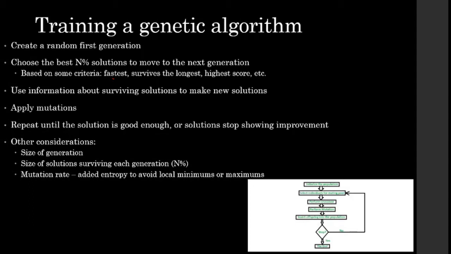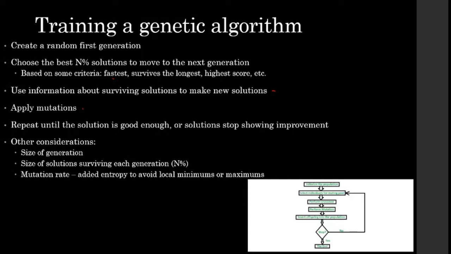The algorithm for that can be adapted based on what kind of data you have. So you might take the average of two solutions, or carry over which parts of the solutions are the same. And we also apply mutations, and then this process is repeated over and over until you stop showing improvement or the solution is good enough.